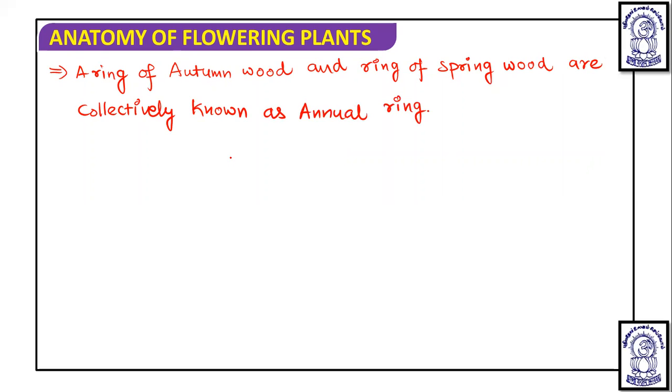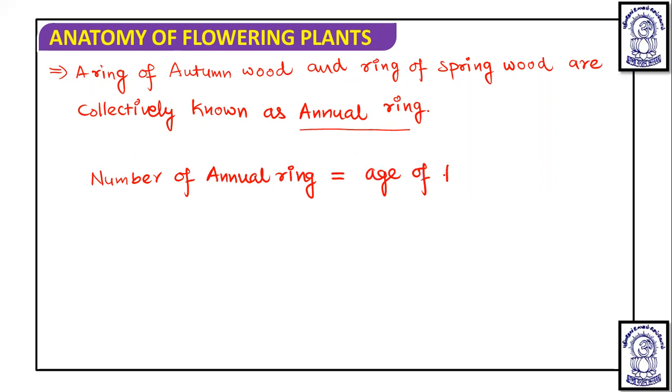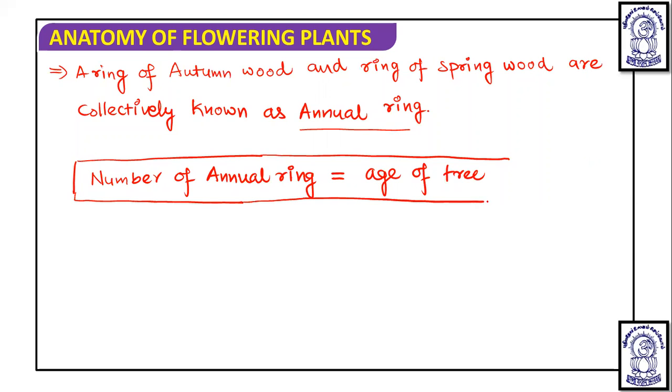The number of annual rings is equal to the age of the tree, so it can be identified.